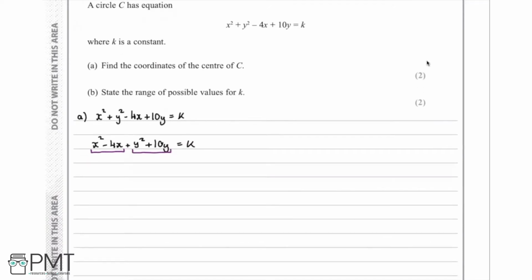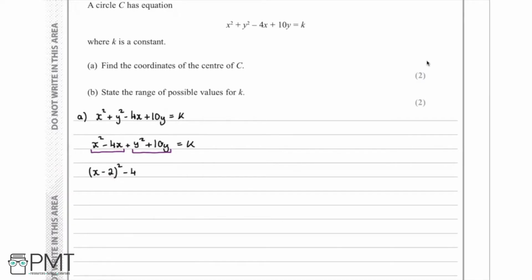So we have to complete the square of x squared minus 4x. We have x minus half of that term inside the bracket. So we'll have x minus 2, then we square that, and then we subtract the negative 2 squared, which will be minus 4.